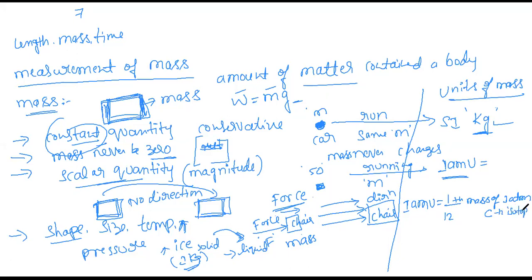Suppose the total carbon is 12, under that we take one part. 1/12th of the mass of one atom of carbon-12 isotope gives 1 atomic mass unit. This is purely a chemistry concept. In the next class the ma'am will clearly explain why we are using carbon.